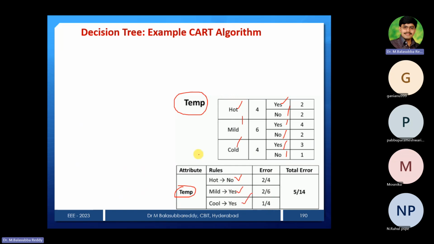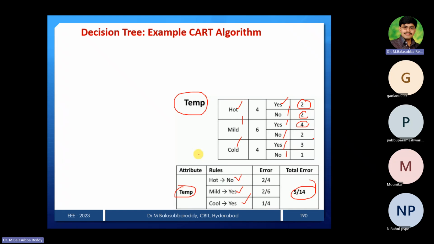In this case, what is your error? We are calculating this from this data only. You can see that hot is no, only 2 are there, but another error case of 2 is there. That's why 2 out of 4. And mild is yes. So mild is yes is 6, but the error case is what? 2 is error. One is asked, the rest will be its error.